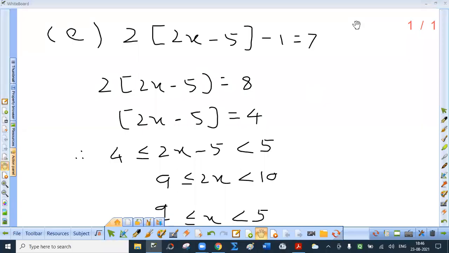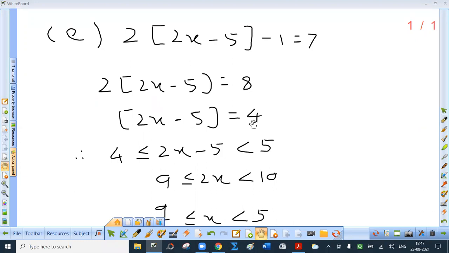E part: twice step(2x minus 5) minus 1 equal to 7. Rearrange the terms. So twice step(2x minus 5) is 8, so step(2x minus 5) is 4. Now the step value is 4, so this must be lying between 4 and 5, 4 included, 5 not. Because what is the step value of 5?